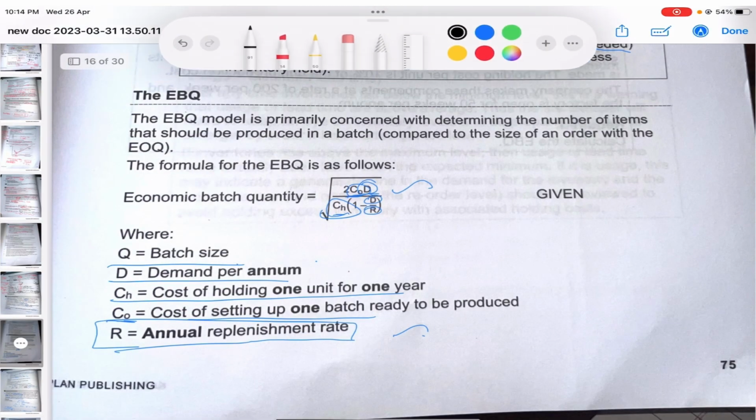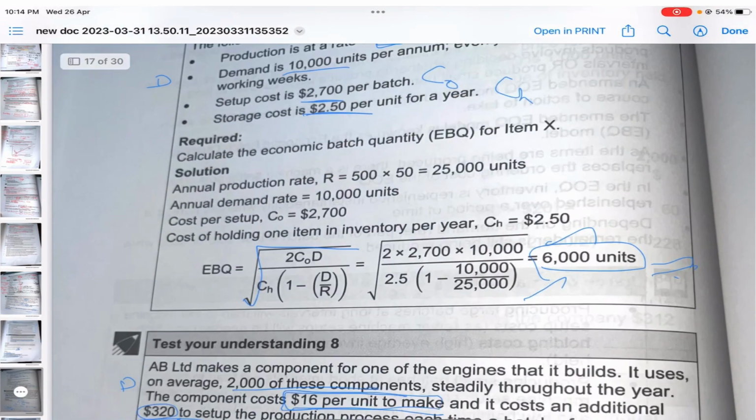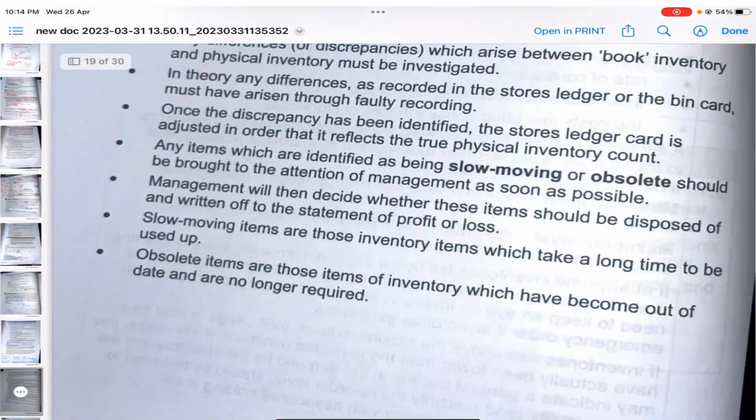And when you're finding the EBQ, Q is the batch size, D is demand per annum, CH is cost of holding 1 unit, CS is cost of setting up one batch. R is my annual replenishment rate.